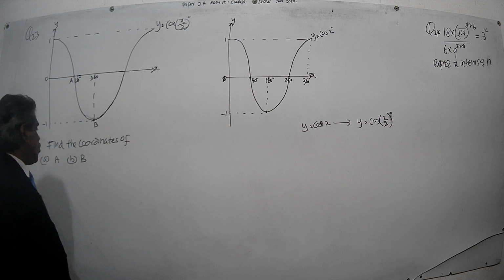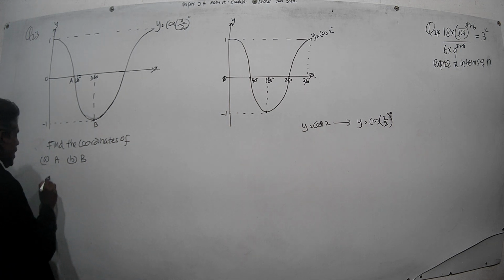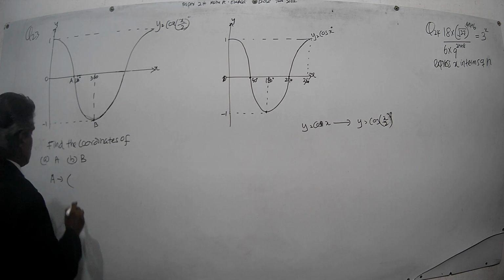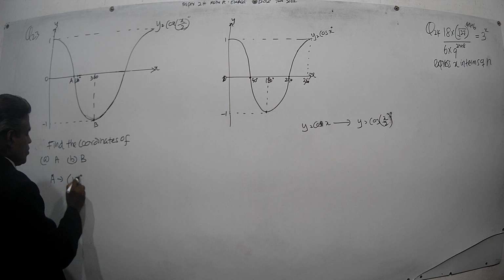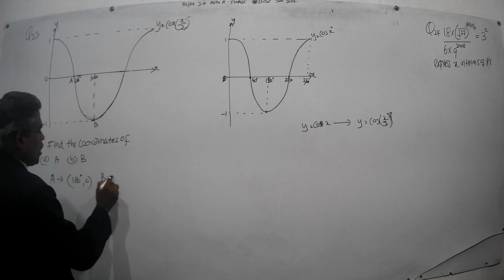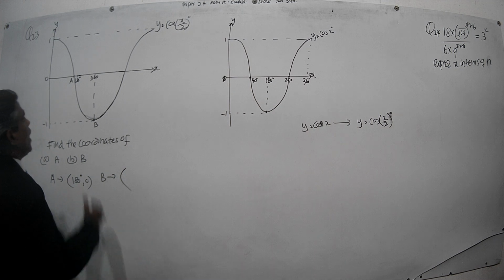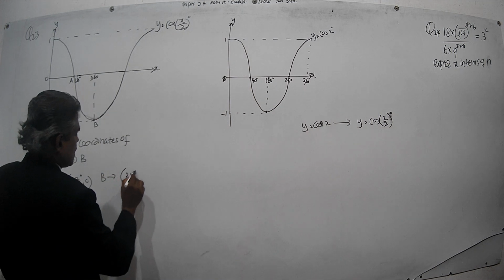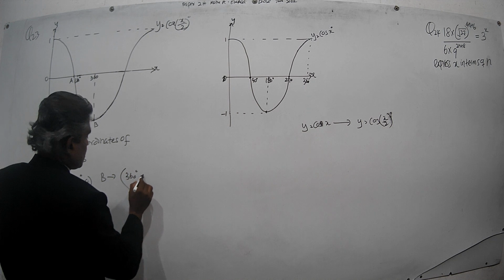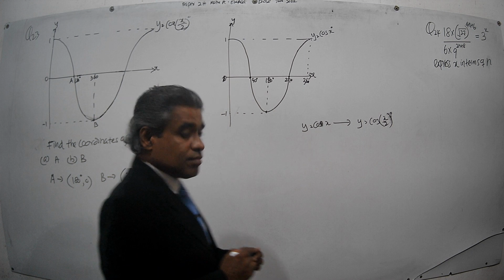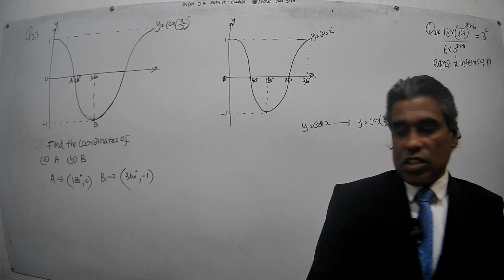Therefore, the coordinates of A are 180, 0, and the coordinates of B are 360 degrees, minus 1. That's all. That question is done. Now we go to the next question.